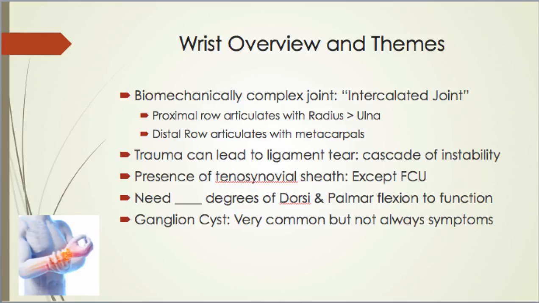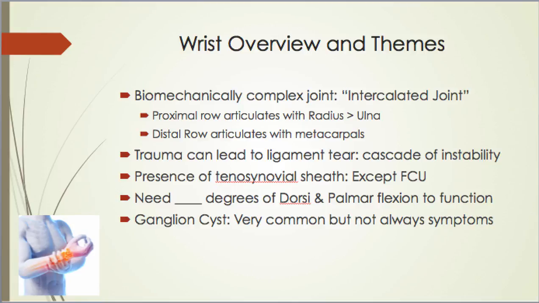So if you think about the wrist and the hand, the muscles attach up in the forearm or even up at the elbow and then cross the wrist without ever connecting with those joints. There's only one tendon that attaches on a carpal bone, and that is the flexor carpi ulnaris to the pisiform.